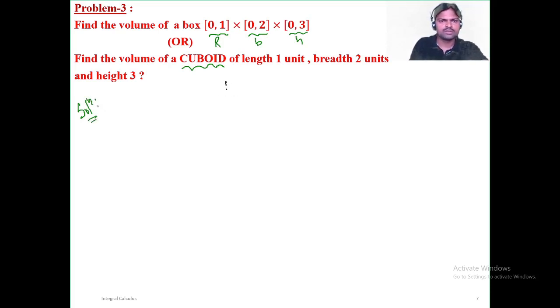So let's look at the rough diagram for that.